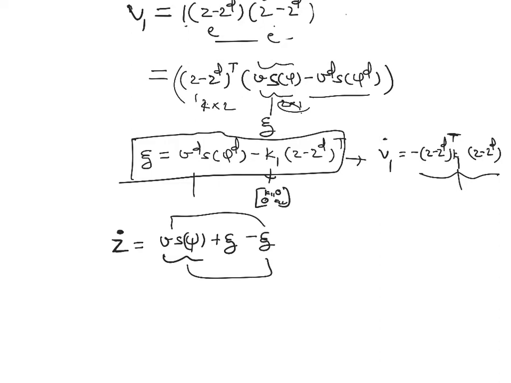So this, we can call it Q1. Our Q1 is equal to v of s psi minus zeta. We can plug things in later on, but this is the case. Because I want to maintain what is done in the book, let's define it this way. So z dot becomes Q1 plus zeta.